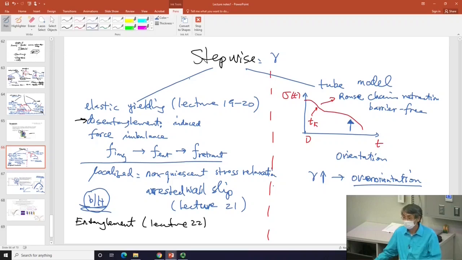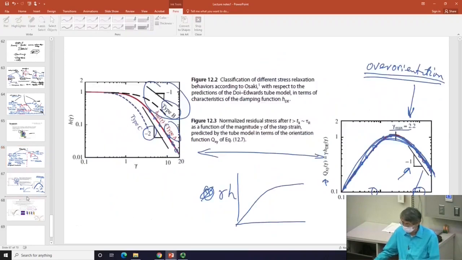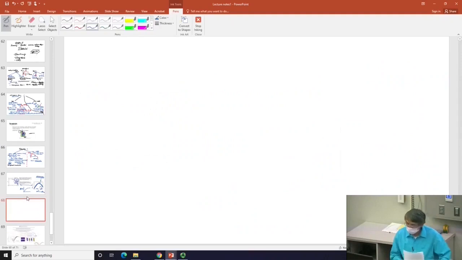Okay, so it's again a horse race, so it can occur. It will occur in a localized manner when B over H is large enough. Okay, so I think with that, we're done with the shear part.